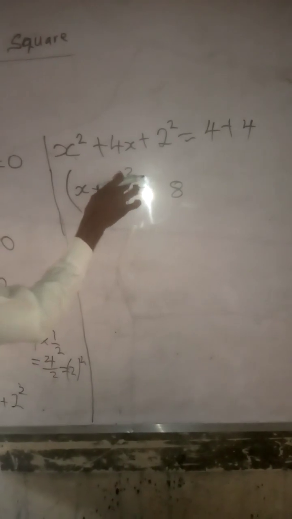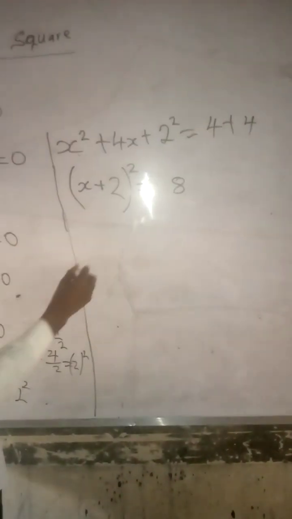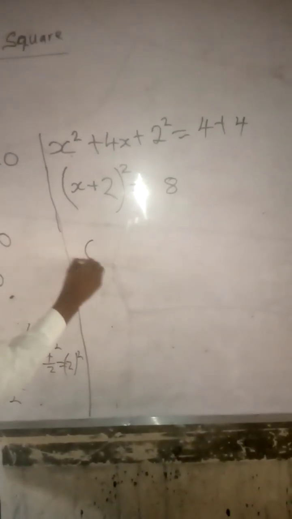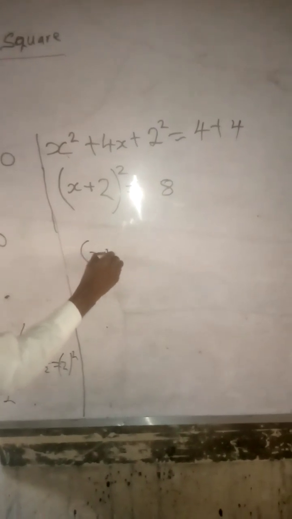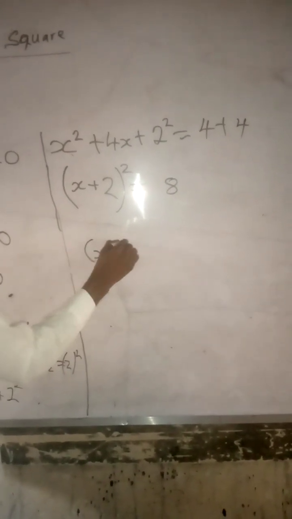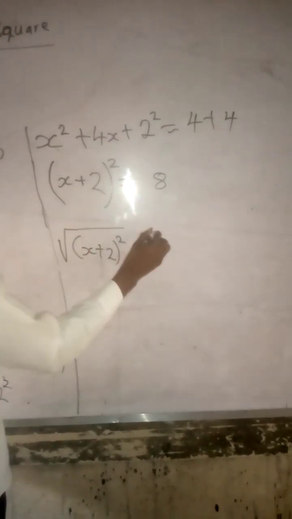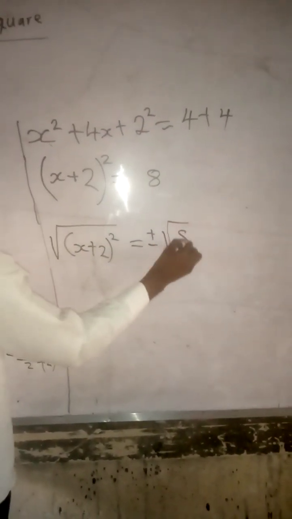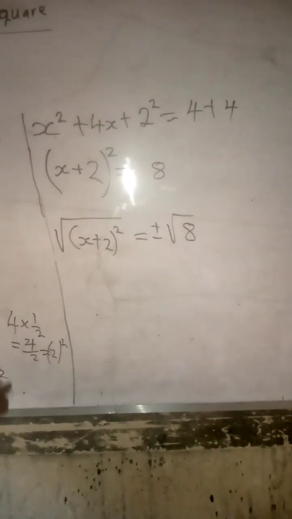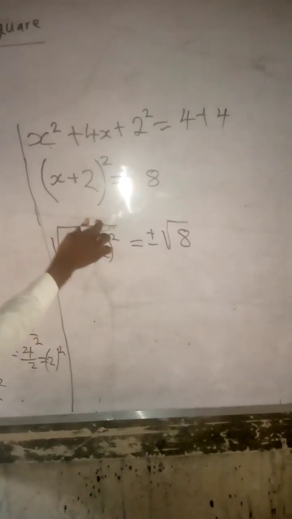So to eliminate the square, we take the square root of both sides. (x plus 2) squared is equals to positive negative square root of 8. So this one will cancel this one.